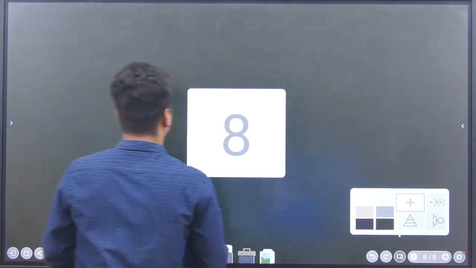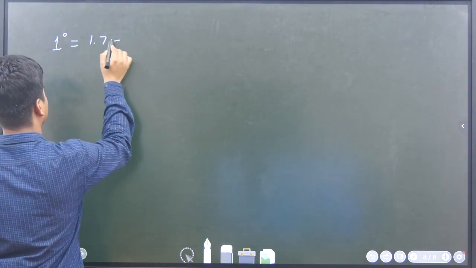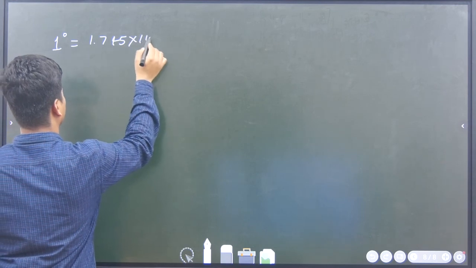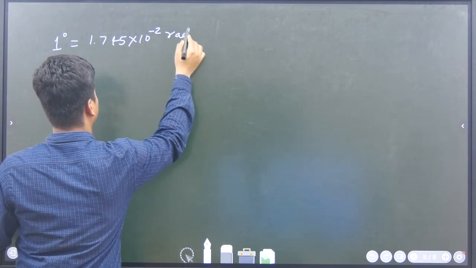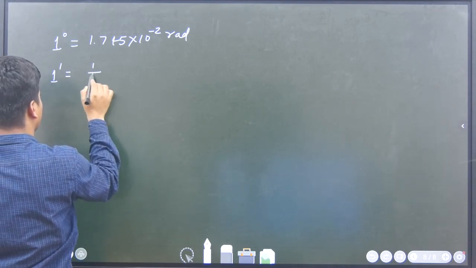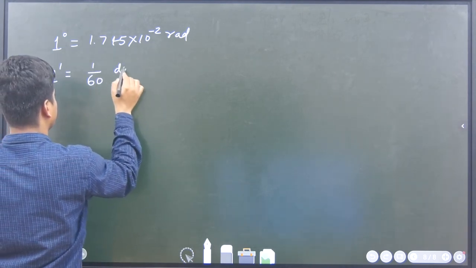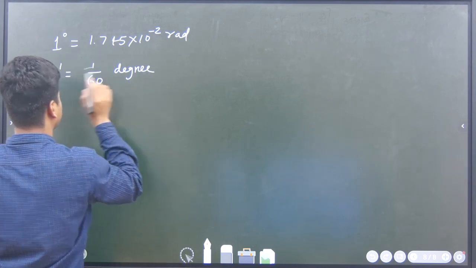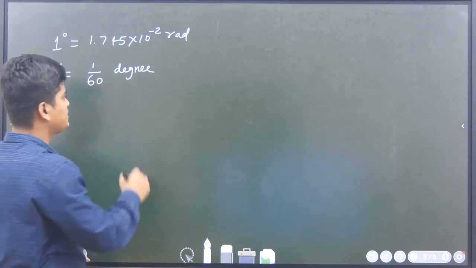Remember, I have already told you 1 degree is nothing but 1.745 into 10 to the power minus 2 radian, and 1 minute is 1 by 60 degree, because 1 degree is 60 minutes.